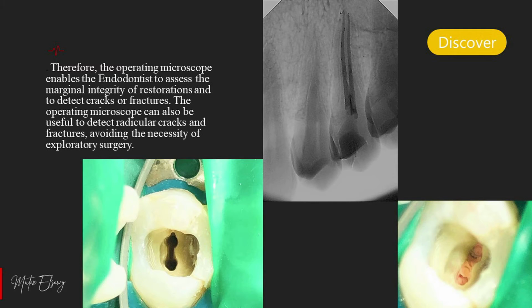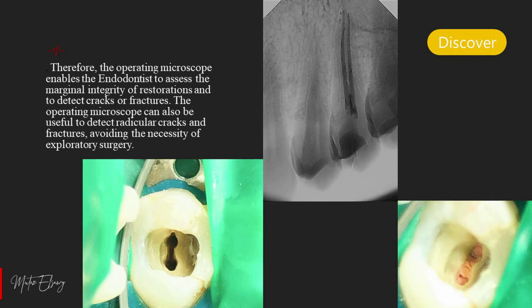A 55 male patient came to my clinic complaining of pain in the upper left area. Clinical and radiographic examination revealed huge caries beside an old mesial restoration of 25. After removing all caries and opening access, I found small leakage under the mesial composite restoration, which is the main cause of the inside caries.